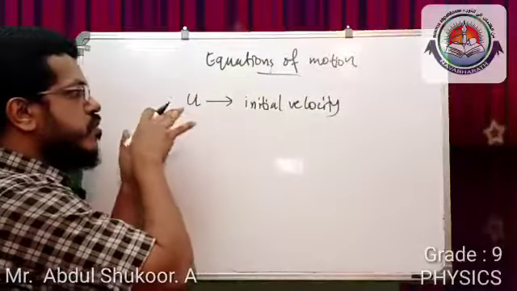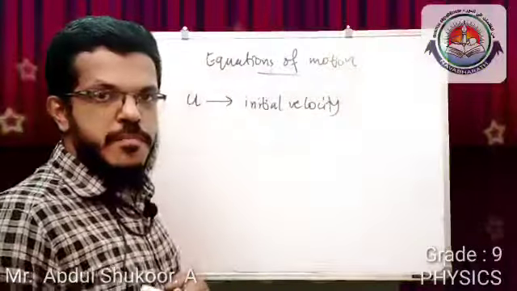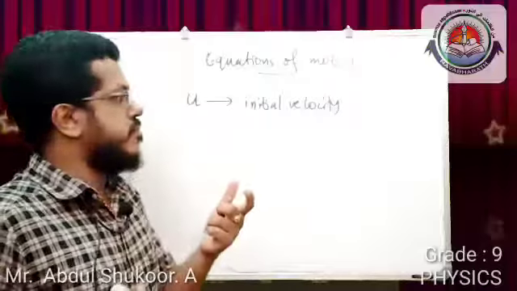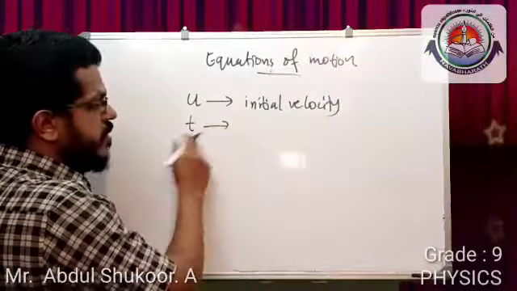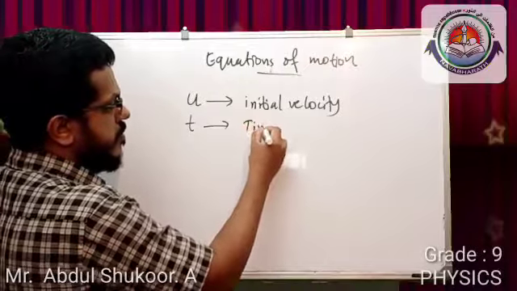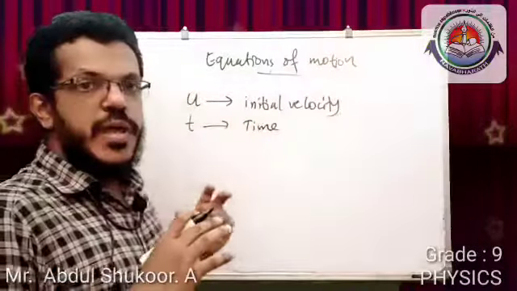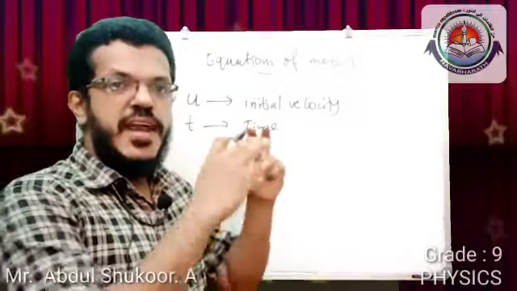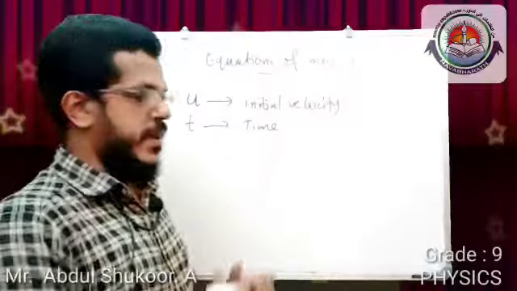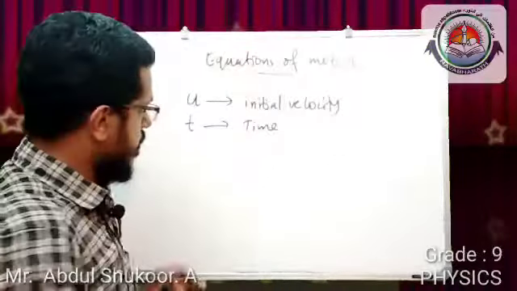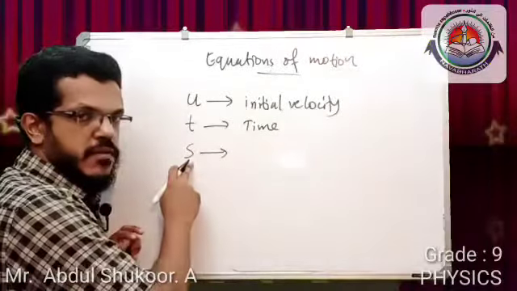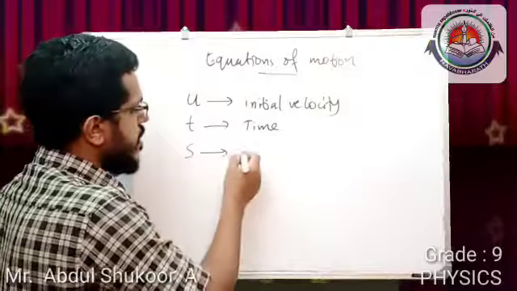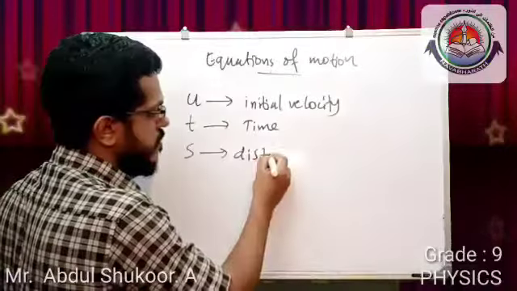If the body moves with the initial velocity u, after some time interval t, the body moves a certain distance or displacement in a straight line. We represent this distance by the letter s.